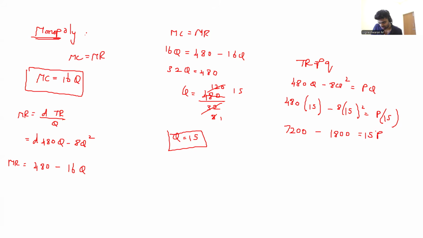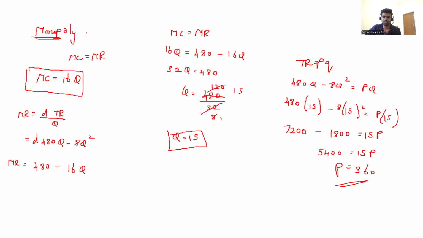If we subtract 7200 minus 1800, 5400 is equal to 15P. So price will be equal to 5400 by 15, it is 360. Okay. If the same question is asked for monopoly condition, then the price is 360, quantity is 15.